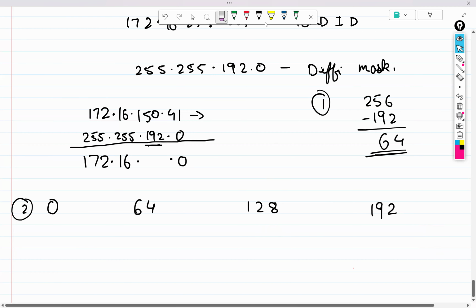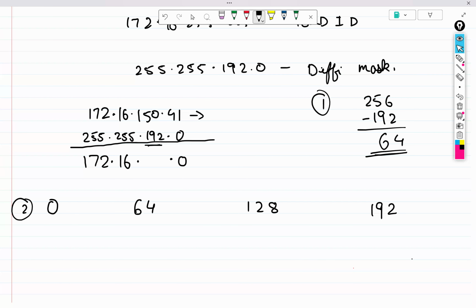Now, where are you going to stop? Are you going to write all the multiples of this number up till 256? Not needed. So the first step is to get the remainder, and the second step is to write that remainder's multiples.